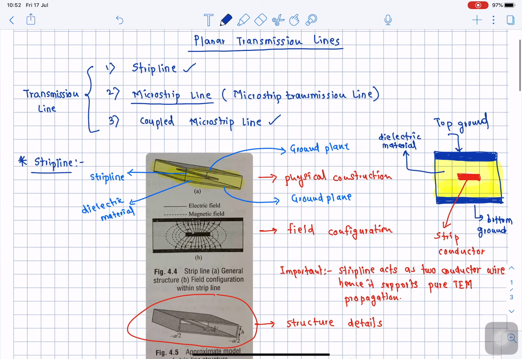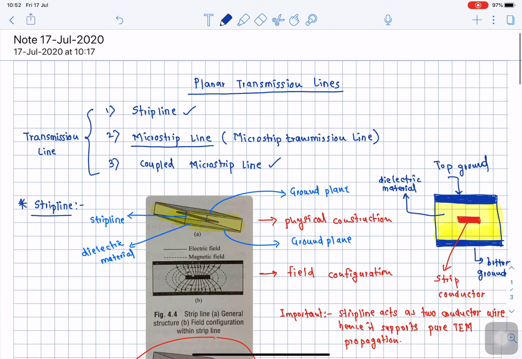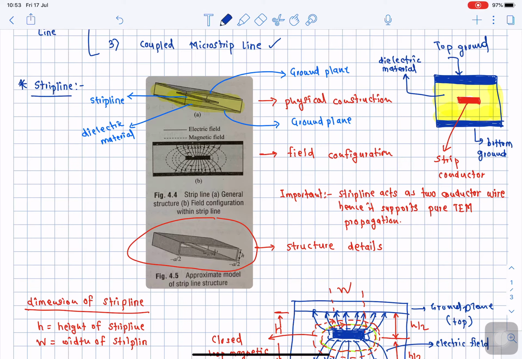So we started explaining the construction and the application of the strip line. Actually, hardly have you observed applications where strip lines are utilized to carry the microwave signal. Okay, but this strip line is as good as the microstrip transmission line. Here the advantage that you get is that the signal propagation with the strip line is pure transverse electromagnetic wave, equivalent to the propagation of the signal in a coaxial cable.